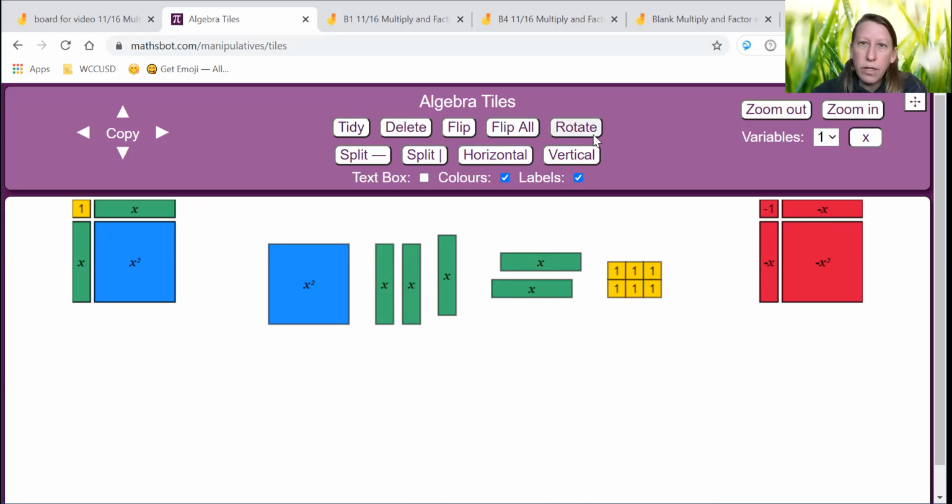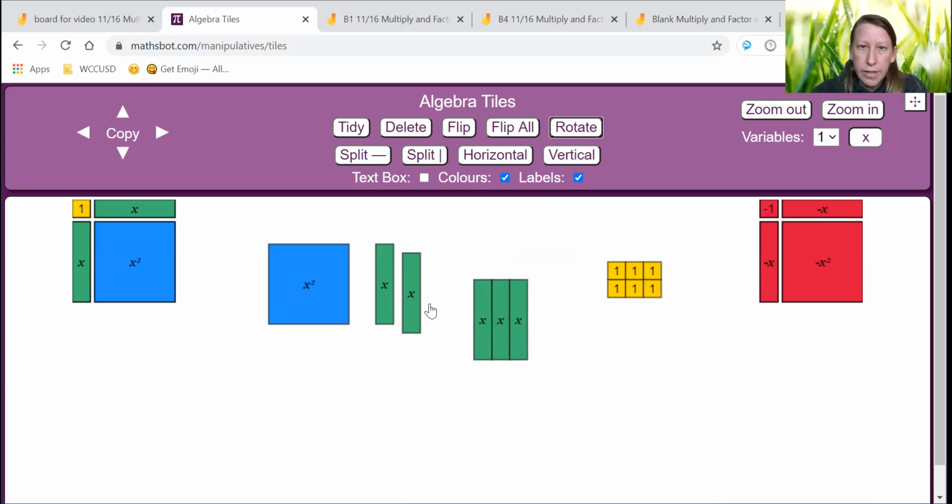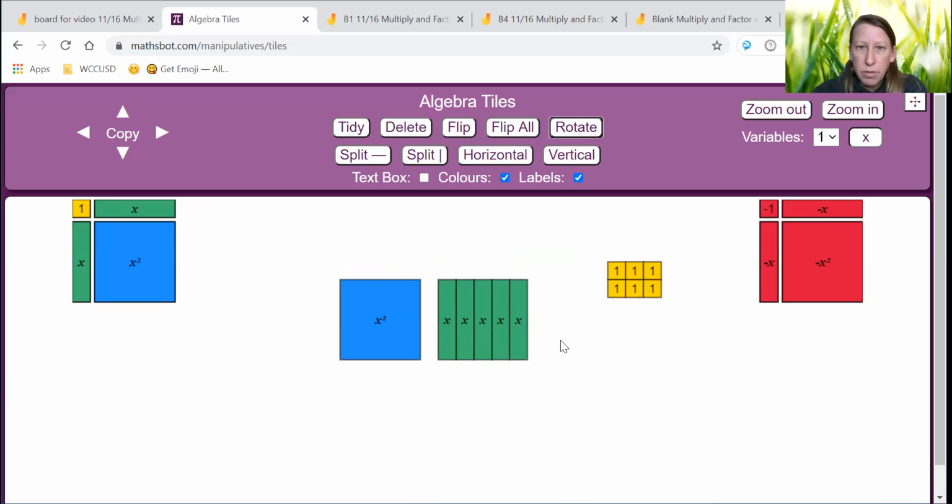If I want to, I can rotate these, and then I can put them all next to each other. I can combine the things that are alike, and this is going to be my answer. This is what was inside the rectangle, and this rearranged is my answer.